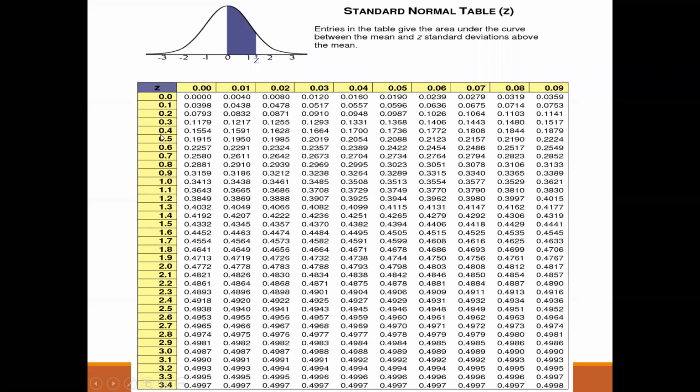Now please remember for 0.4 it is this one, 0.1554. So when we add this up, what is the answer? 0.2347.